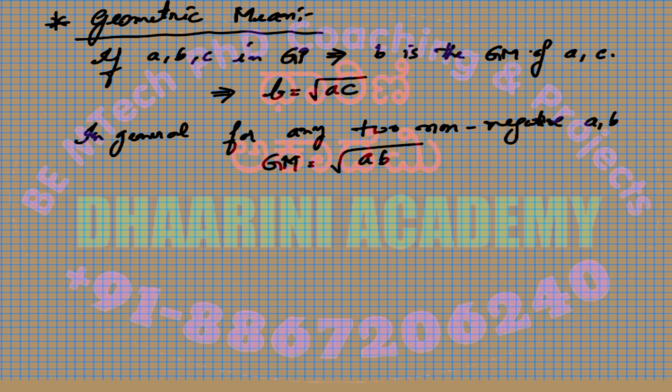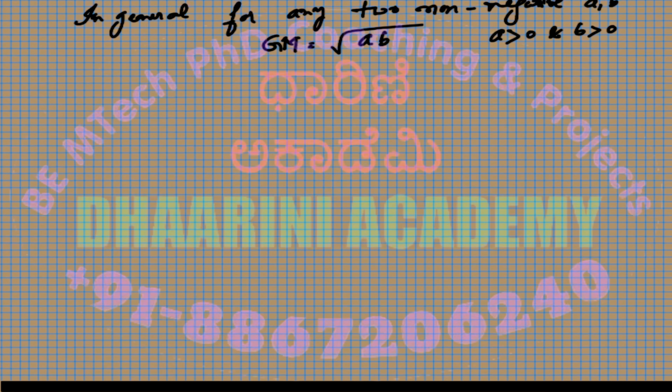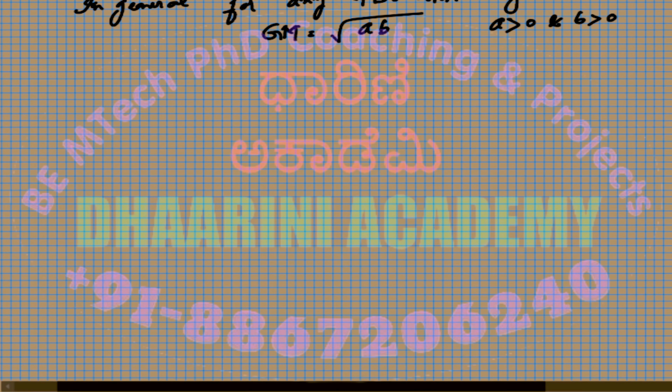If we have n number of terms, here we have a condition, A should be greater than 0 and B should be greater than 0. This is the must have condition, cannot be negative. We'll come to that, what happens if one of the terms or both the terms are negative. Okay. So if n numbers we consider, and each number is positive, what happens?